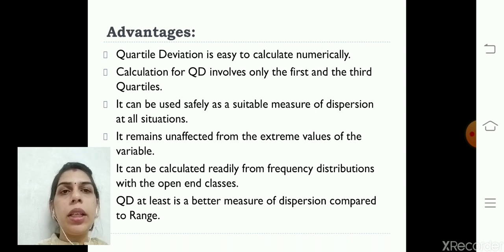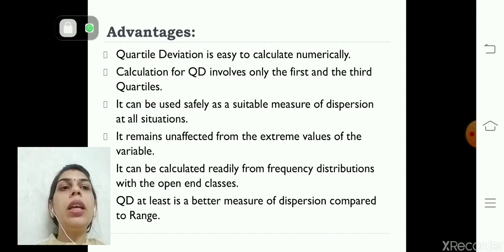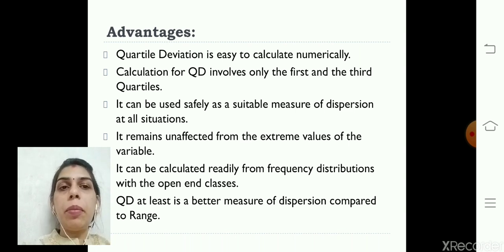What are the advantages of quartile deviation? Quartile deviation is easy to calculate numerically. Calculation of quartile deviation involves only the first and the third quartiles. It can be used safely as a suitable measure of dispersion in all situations. It remains unaffected by the extreme values of the variable, same as the median.